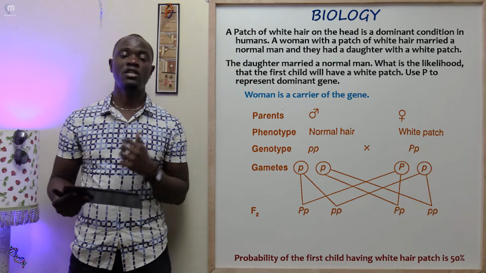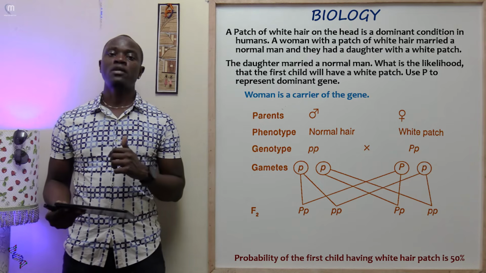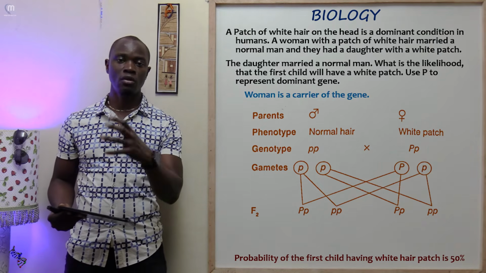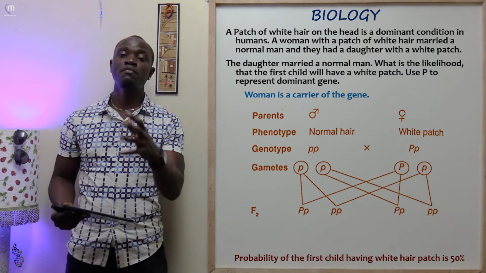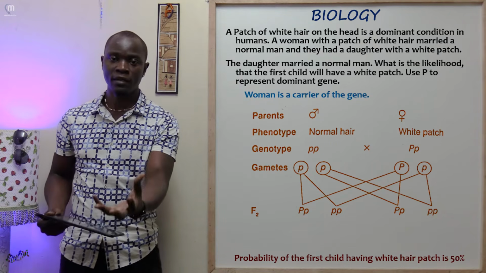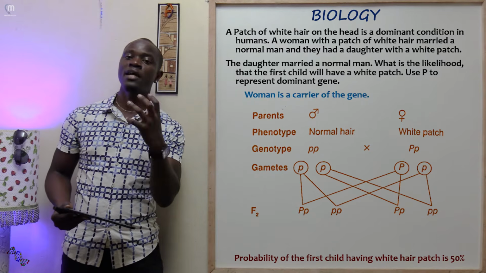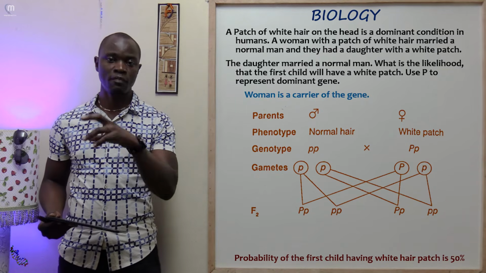Let's now discuss this genetic cross that we have here. For the woman, we have been told that she has a white patch on the head. This means that the woman is a carrier for being normal, but she also has the condition of having a white patch.